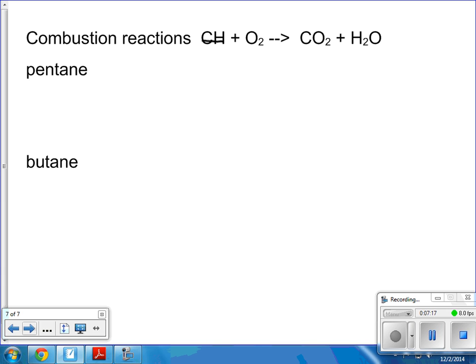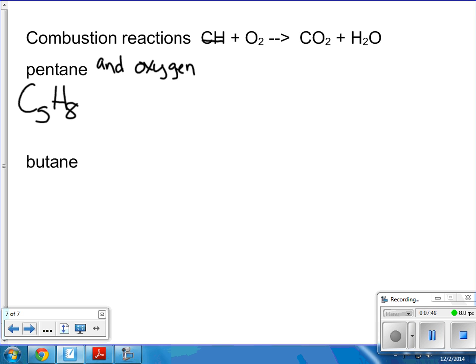Combustion reactions usually involve some kind of spark, flame, not necessarily an explosion, but something will usually catch on fire. So in our example, pentane, I wouldn't expect you at this level of chemistry to know what pentane is. It is C5H8.